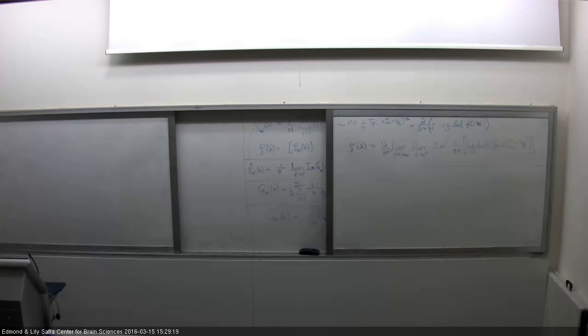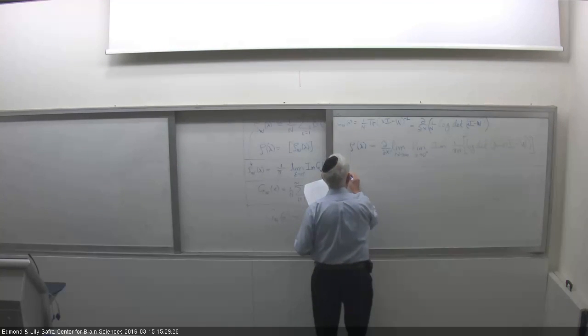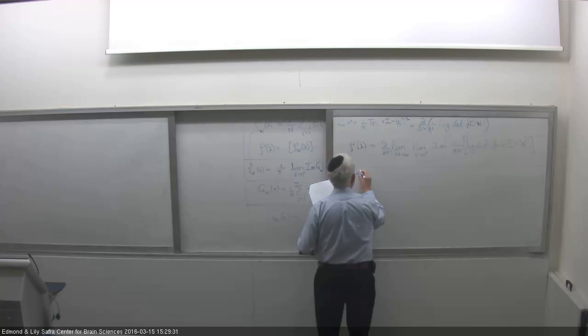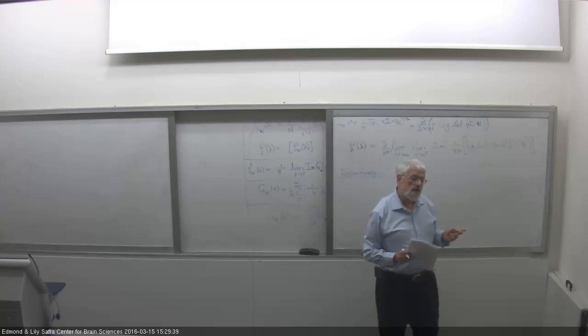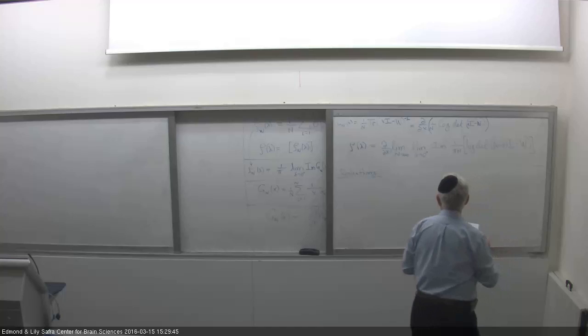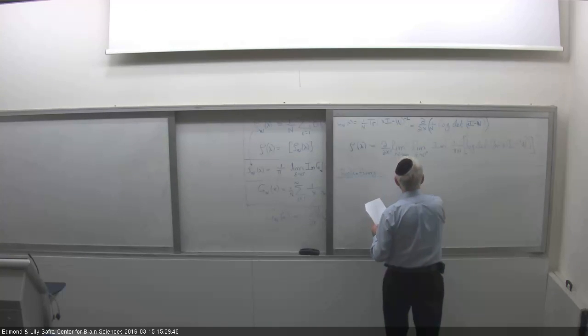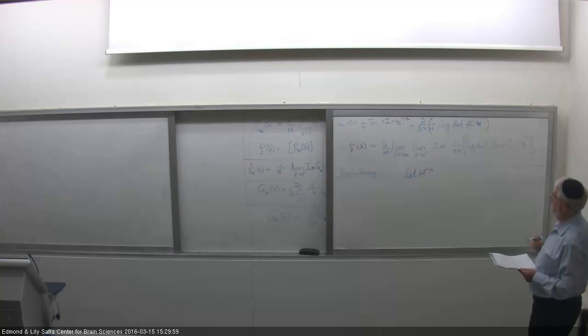I can now make one more step, which is general, which is to use replica theory. Because I have the log of the determinant, I have to average over the log. It turns out that to average over the determinant is actually not difficult. So why is it so? Let's look at the determinant of the matrix to the power minus 1/2.